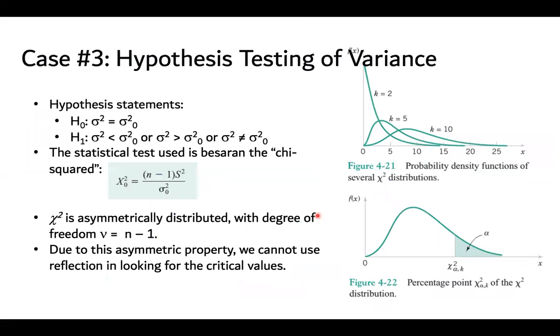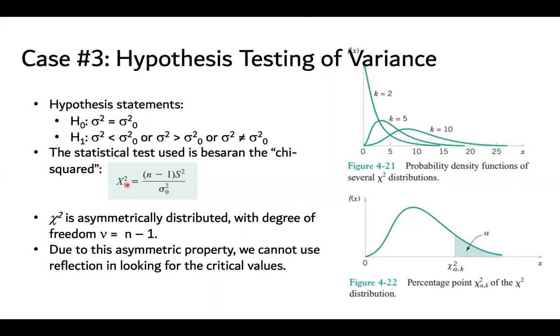Okay, case number 3, the hypothesis testing of variance for one sample. We use a statistical test called the chi-square. Remember this one? You have to use the chi distribution, so you have to know n, the number of samples. You also need your standard deviation, so the sample variance, s squared, and the variance of your population.